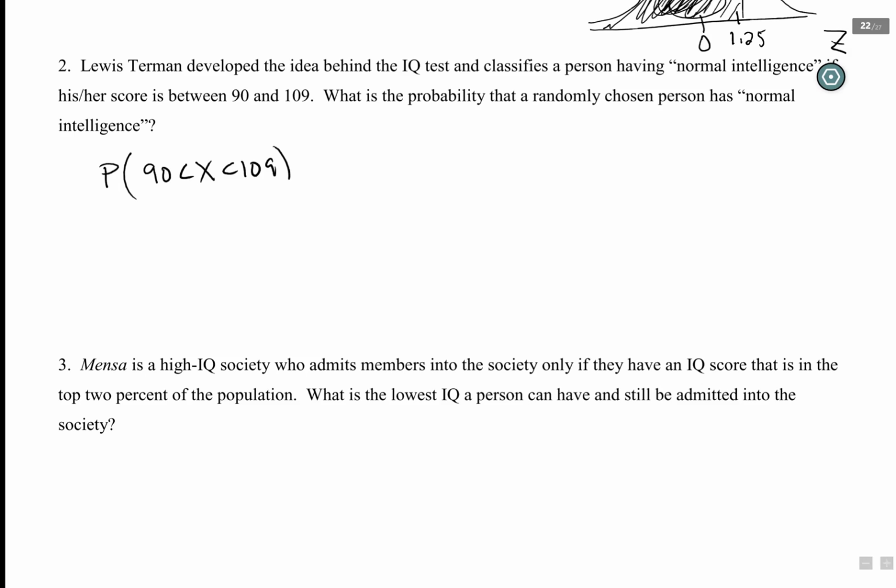If I want to draw a picture here, I can. The distribution of X has a mean of 100, and I'm looking at the area under the curve between 90 and 109.